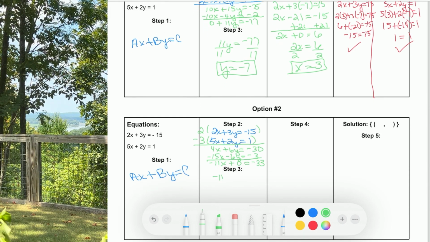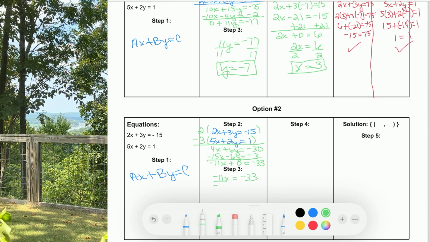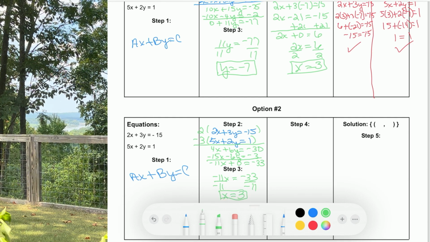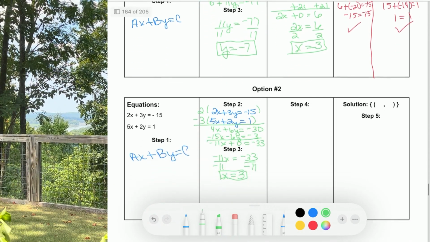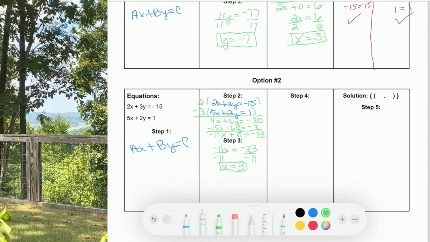So I have -11x equals -33. Divide by -11. And I get x equals 3. Is that what we got above? Let's check. Yeah, it is. So far, it's working out the way I said it would.